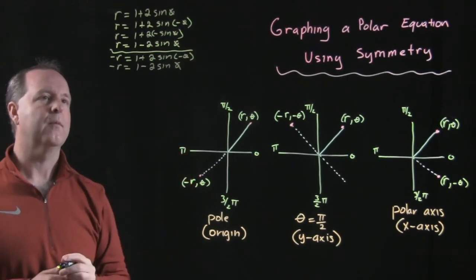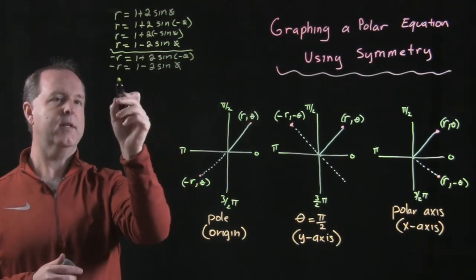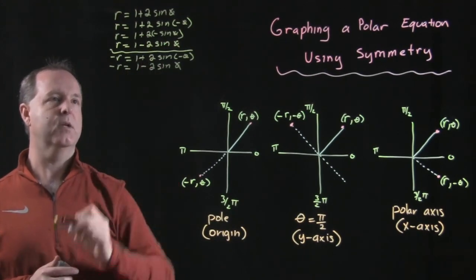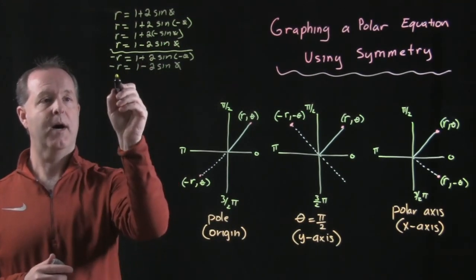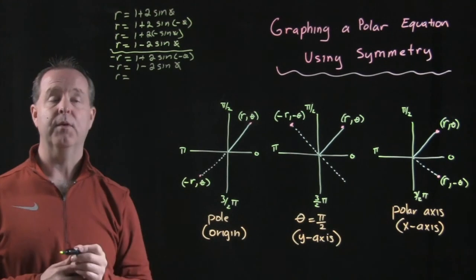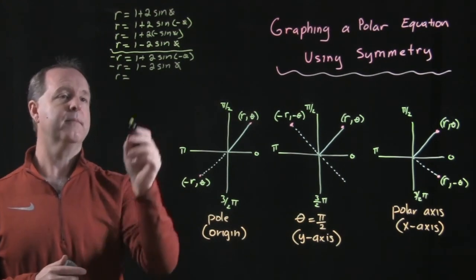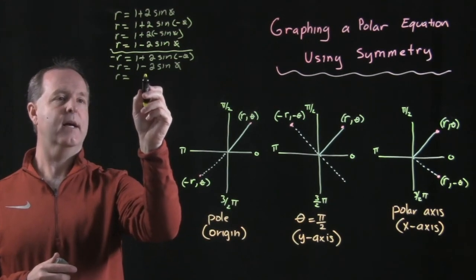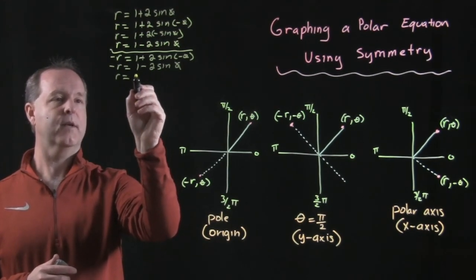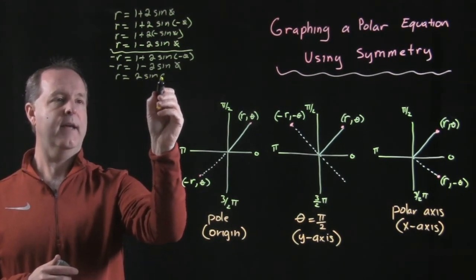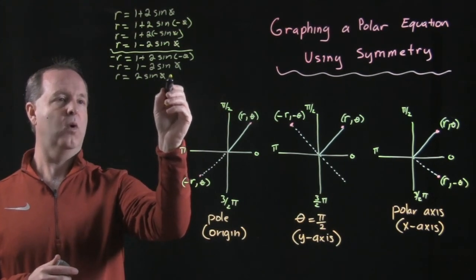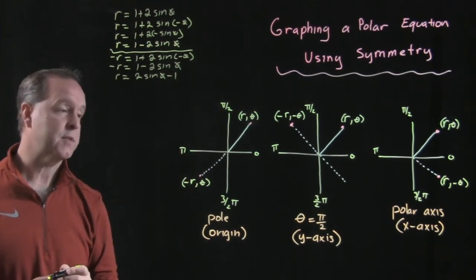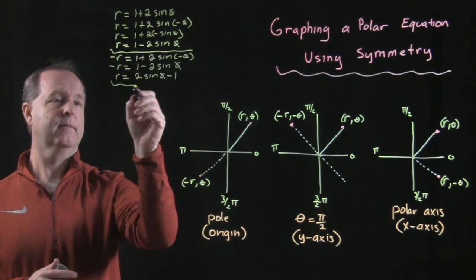I know I'm using some of the work I did on the first one, so I just jumped straight down to 1 minus 2 sine theta, solve for a positive r, multiply through by a negative 1, and so then I get negative 1 and a positive, so it's 2 sine theta minus 1. And it fails that symmetry test.